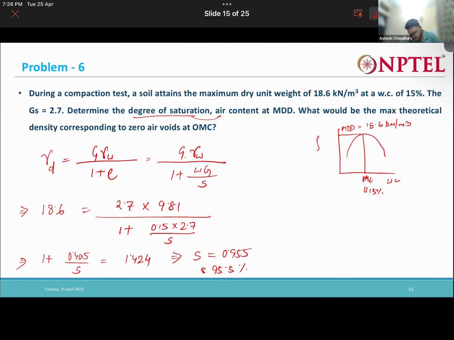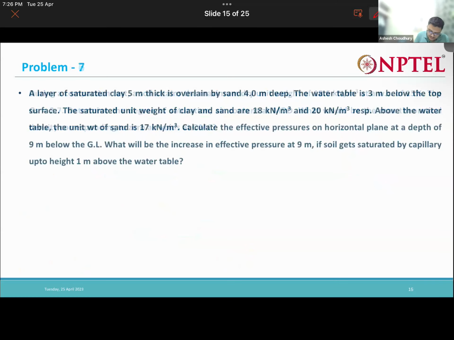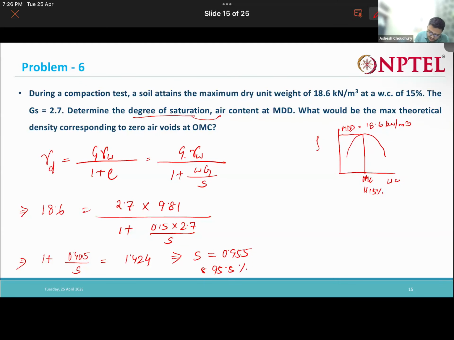Okay, so this is our actual saturation, right? So now we can find out the air content.